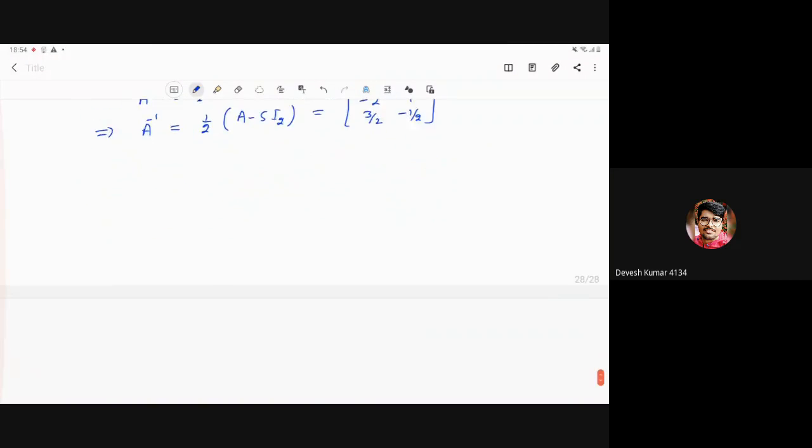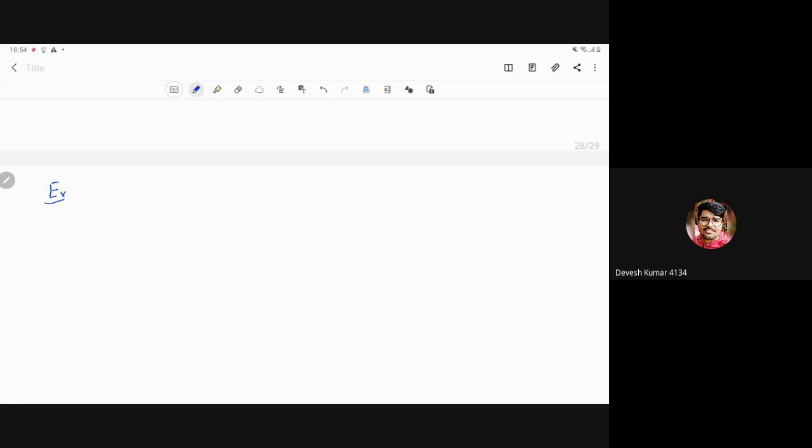Now see another example. This will also make you understand why Cayley-Hamilton theorem is so powerful. This is an interesting example you will not find in the books usually.